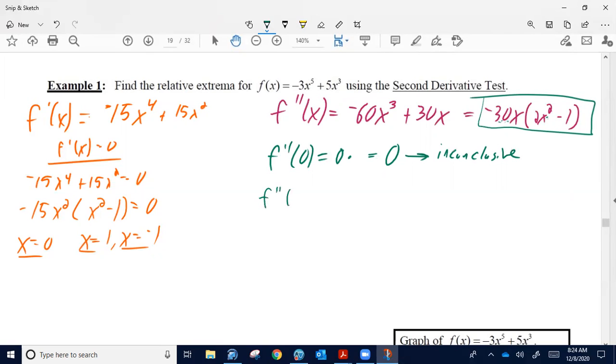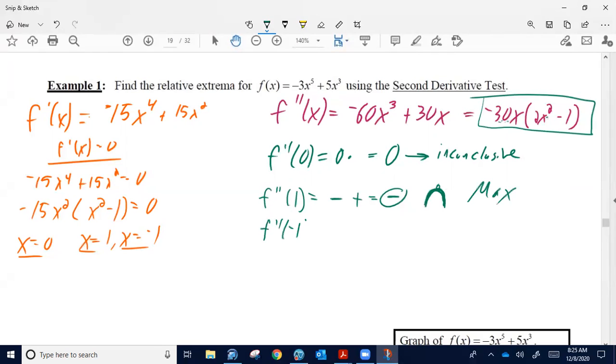But if I plug in a 1, negative 30 times a 1 is a negative number. 2 times 1 squared minus 1 is a positive. That makes a negative, which again means I have a critical number in a concave down situation. Concave down at a critical number means we have a max at that location.